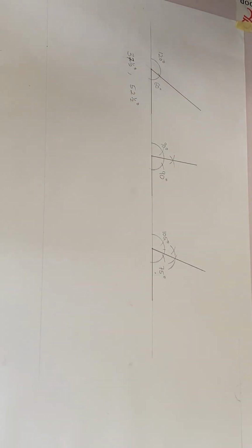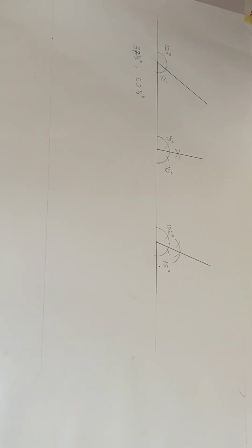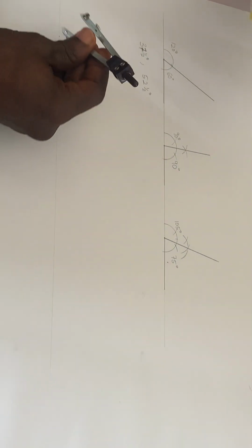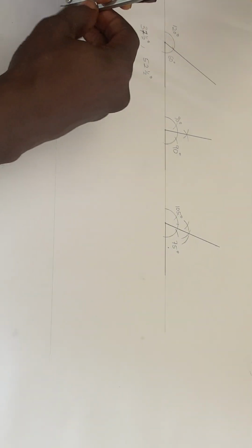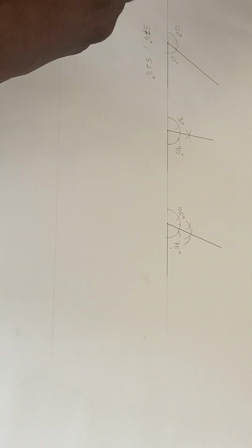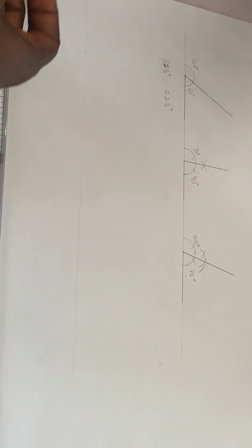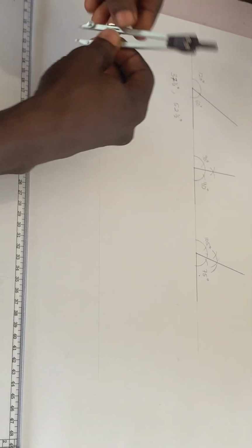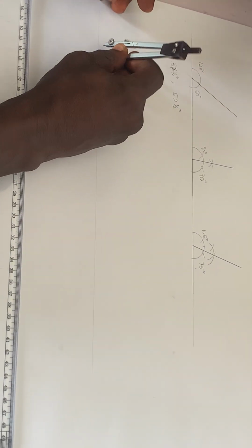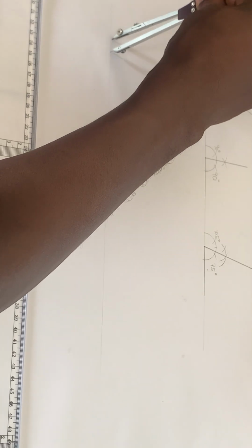So with that in mind, that means I need to construct 75 first, right? So you draw the semicircle.